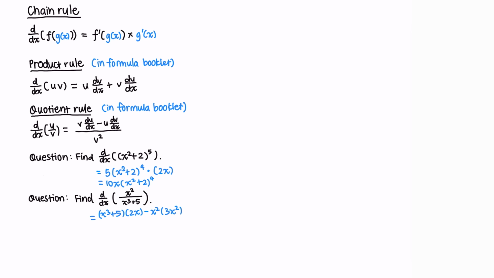This becomes 3x squared. And we have this over v squared, v is the denominator, (x cubed plus 5) squared. Now if I simplify the numerator, I'll just get 10x minus x to the power of 4, over (x cubed plus 5) whole thing squared. And that's our answer.